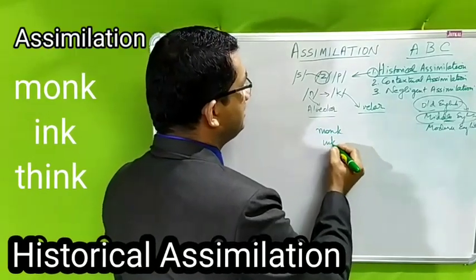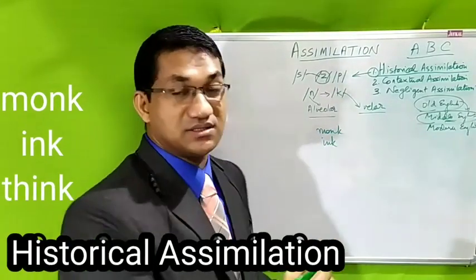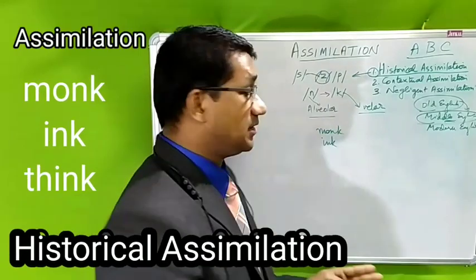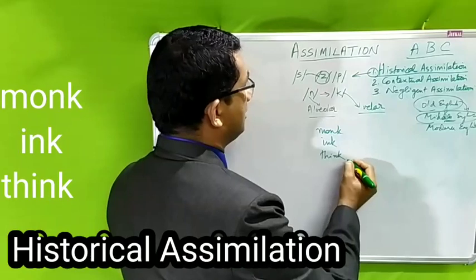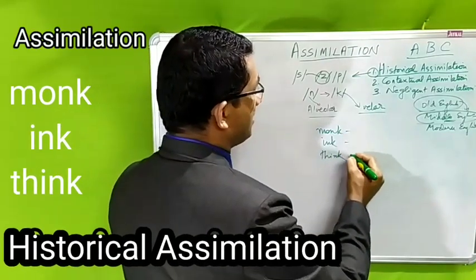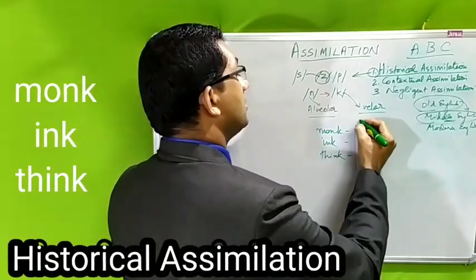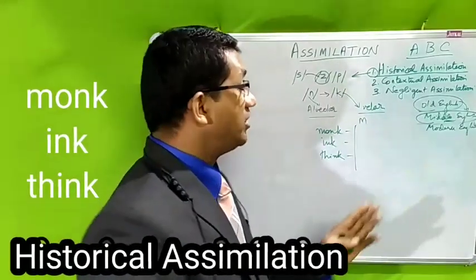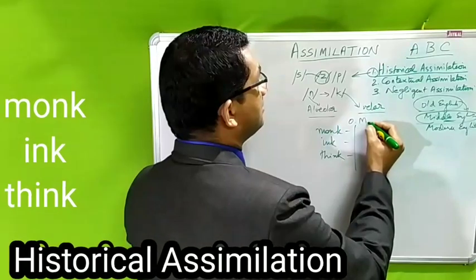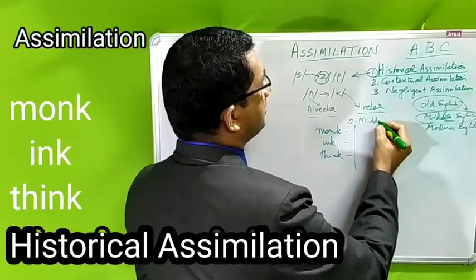Another is ink. Today we say monk, we say ink. Similarly we say think. And we have to understand that these three words were pronounced differently during the Old English period and the Middle English period.